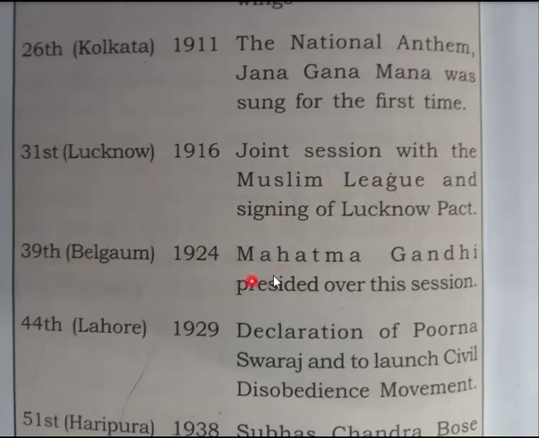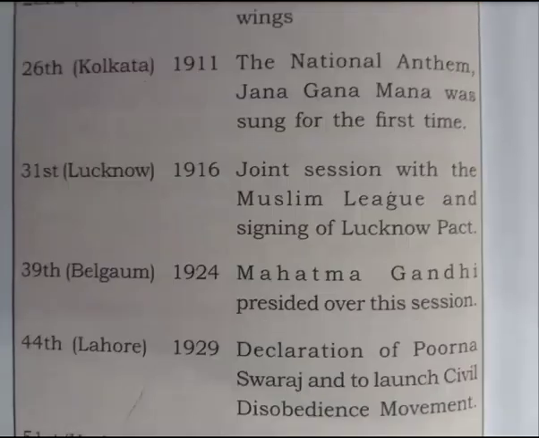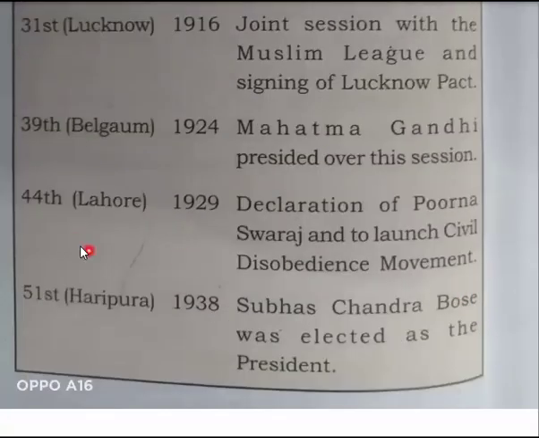The 39th, 1924 in Belgaum: Mahatma Gandhi presided over this session. Then we have the 44th, Lahore session of 1929: declaration of Purna Swaraj and launch of the civil disobedience movement. We're going to learn this in further chapters.